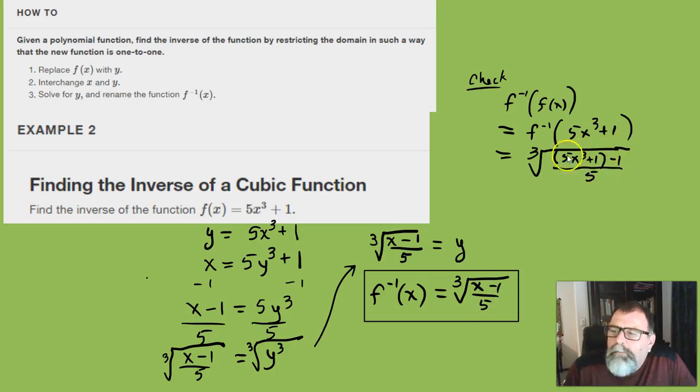So we got to simplify this first. So on the top we can drop the parentheses, the plus 1 minus 1 cancel. So we get 5x cubed over 5. I guess I should make that bigger. And then the 5's cancel. And then we get cube root of x cubed, which we know is just x. Okay, so that's our check.